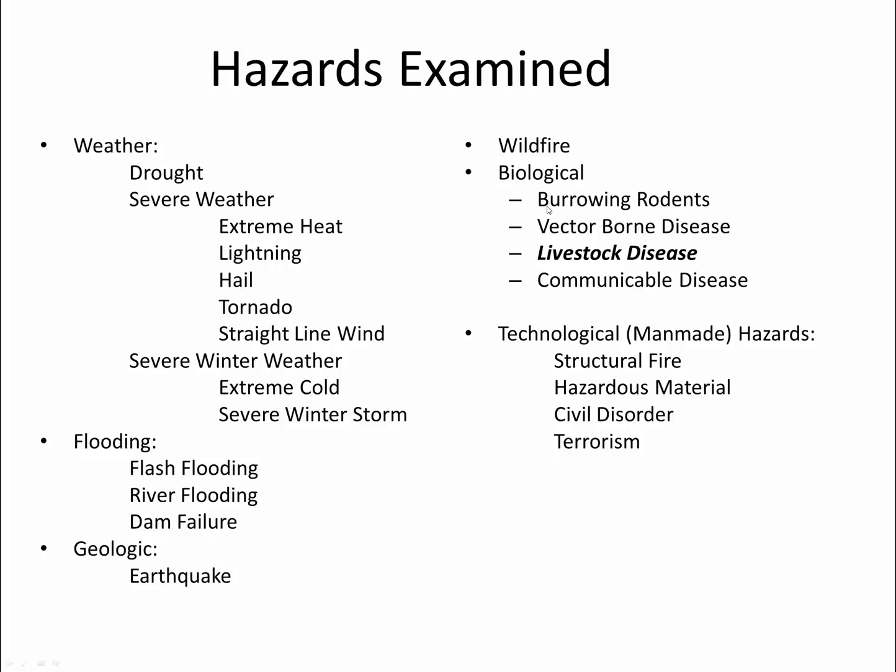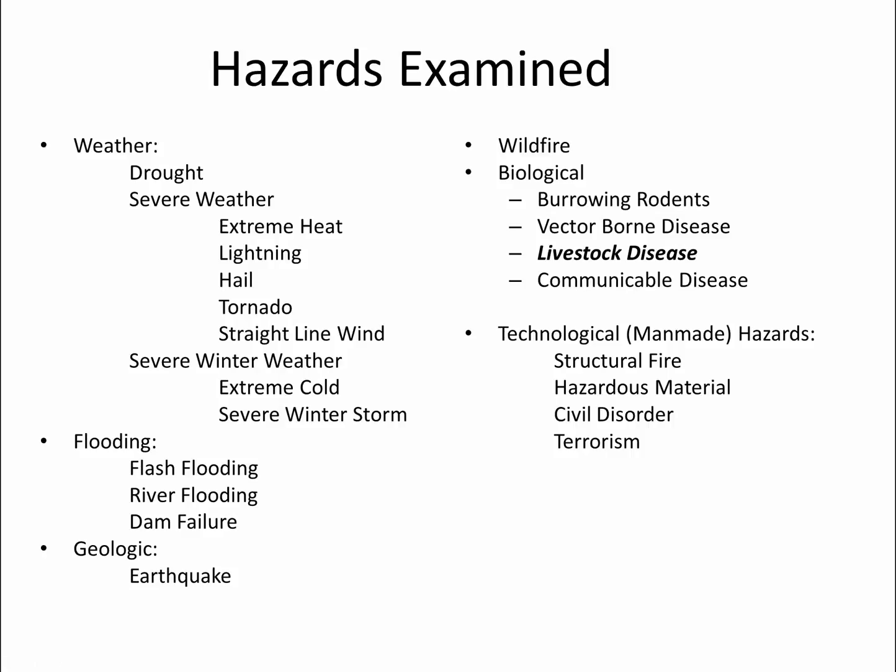This year we have added burrowing rodents as a hazard because of the outbreak of pocket gophers in southeastern Idaho and south central Idaho. These pocket gophers have been creating havoc on canal banks and other waterborne systems.